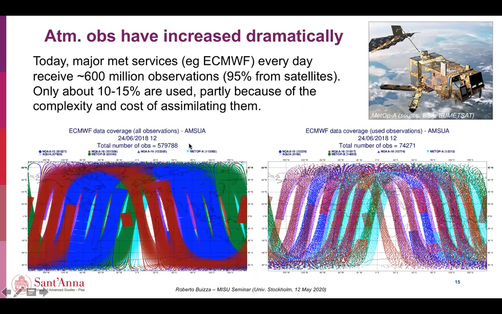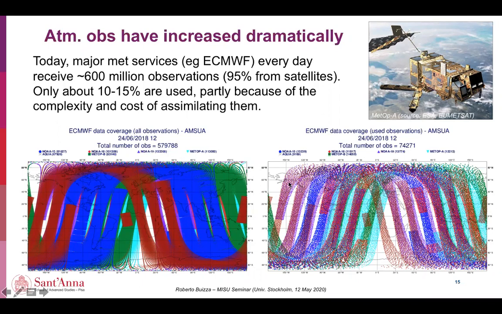This is the number of this type of observation, AMPSWAY, coming from satellite on the 24th of June, 18: about 600,000 total observations received over a 12-hour period. Of them, only 75,000 were actually used in the data-assimilation system.